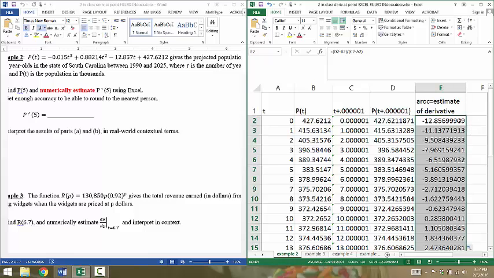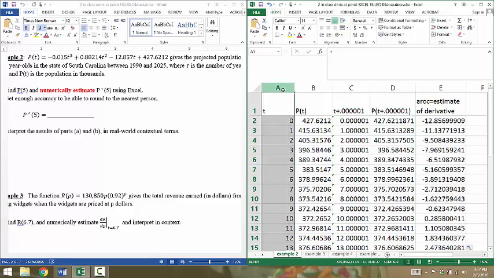And there we are. So these values in column E are good estimates of the derivative values at these x values. So for example, at x equals 3, a good estimate of the derivative is negative 7.969.